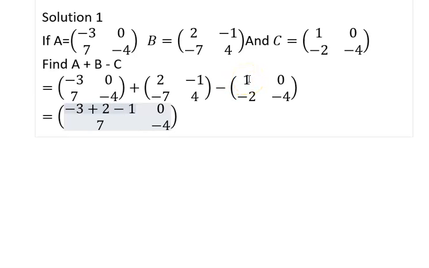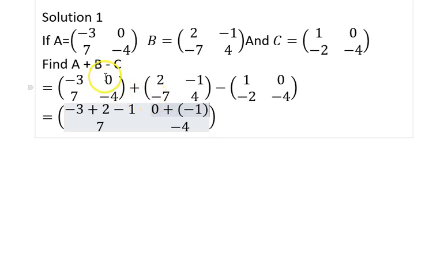The next one, 0 plus minus 1, then the corresponding element gives minus 0. You have to be very careful.